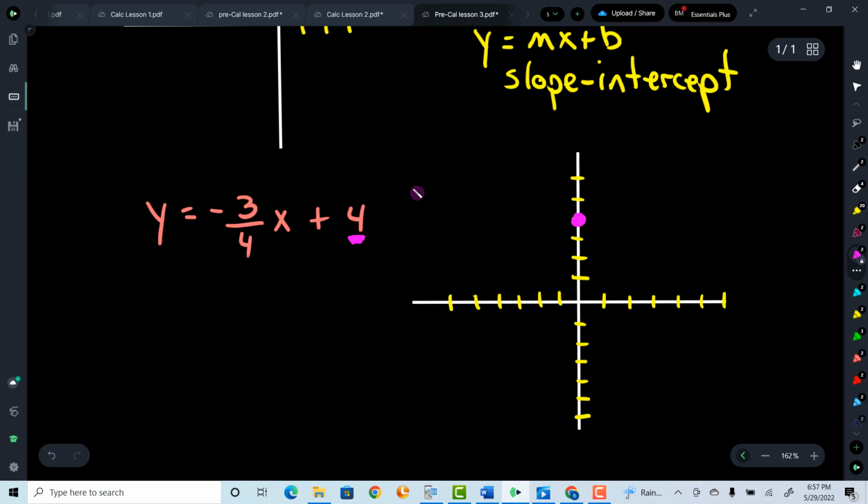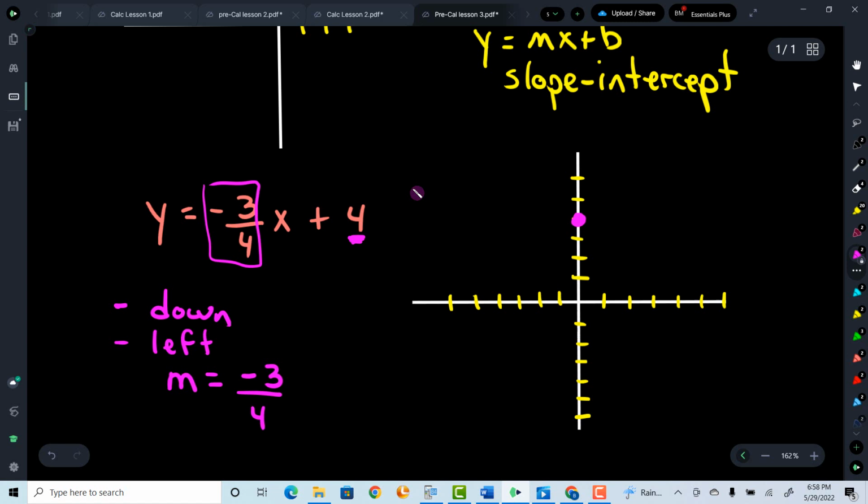So there's my y-intercept. And now from the y-intercept, we're going to apply the slope of -3/4. So negative means down. Negative means left. Okay, so if we look at this slope, we could say it's -3 over positive 4, or we could treat it as positive 3 over -4.